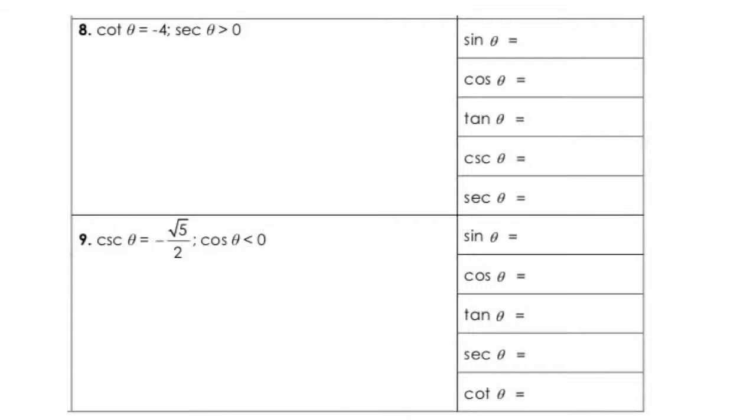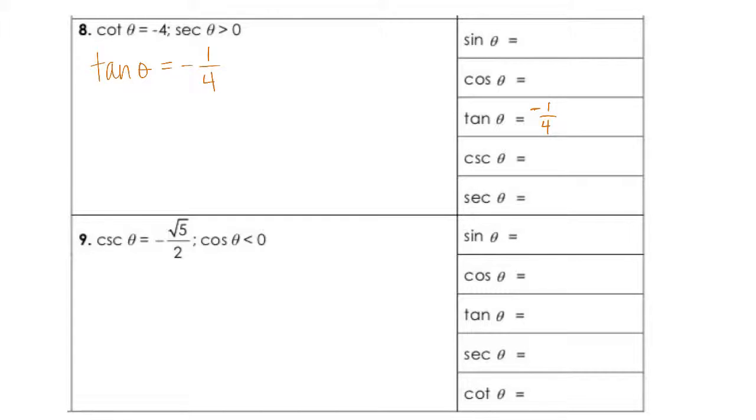Okay, so for number 8, notice that you're given cotangent. And so right off the bat, we know tangent is going to have to be that reciprocal, so it's negative 1/4. So over here to the side, I already know negative 1/4 there. All right, so let's go through and see.